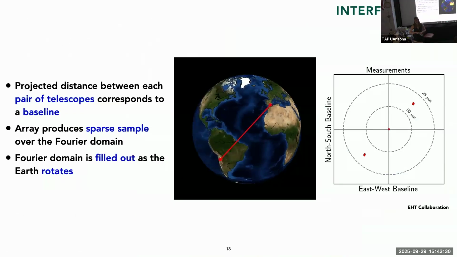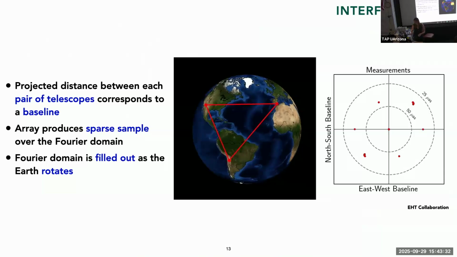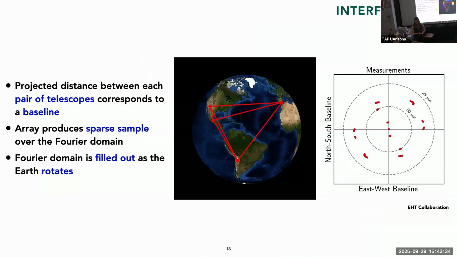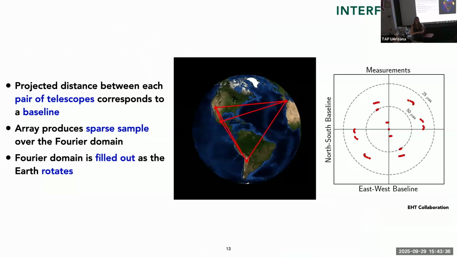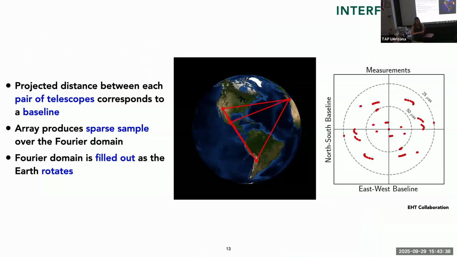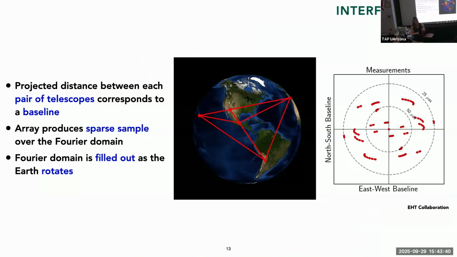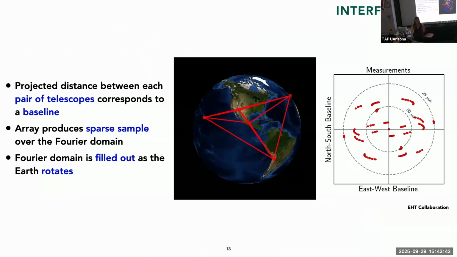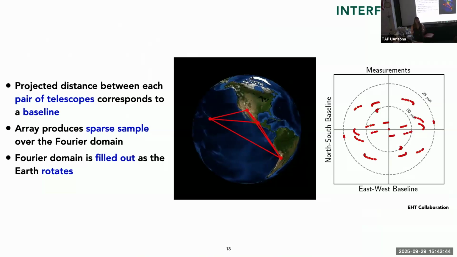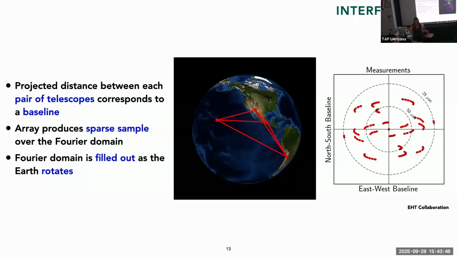So what is VLBI actually? We have radio antennas all over the world, and we have a projected distance between a pair of telescopes that corresponds to a baseline, so basically the distance between two antennae.